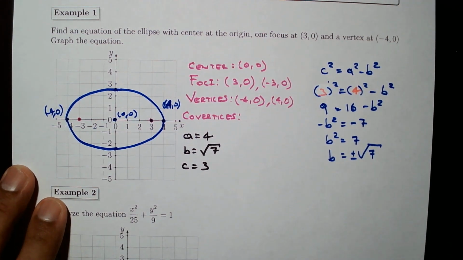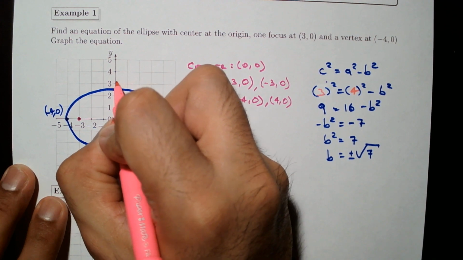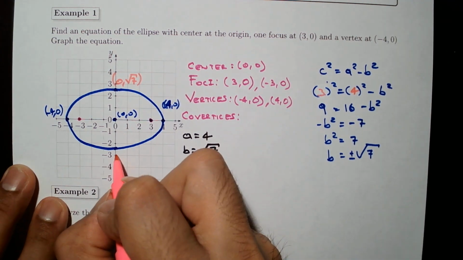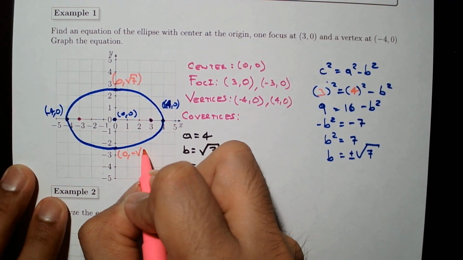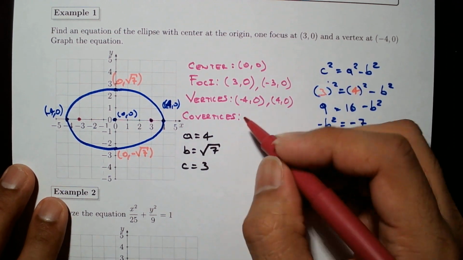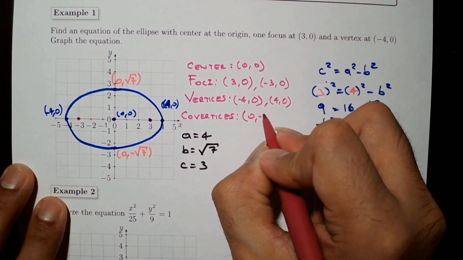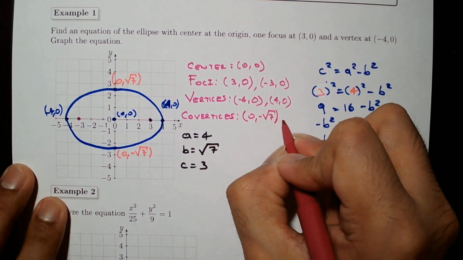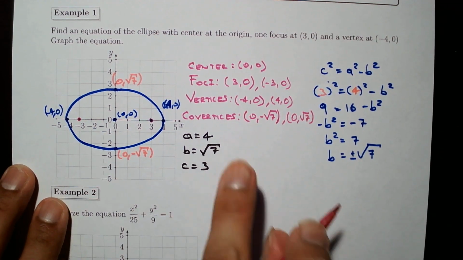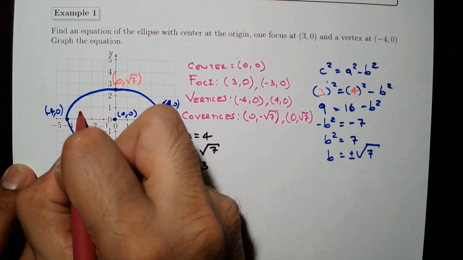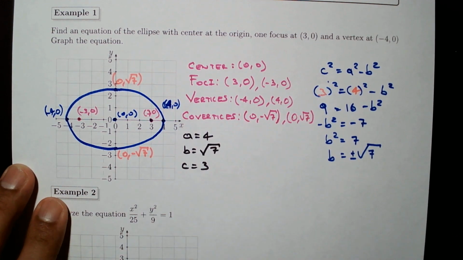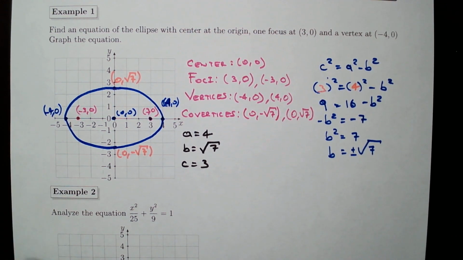The co-vertices are going to be 0 square root of 7, 0 negative square root of 7, which are worth writing. 0 negative root of 7 and 0 root of 7. And foci, well, we already have them here. This is negative 3 comma 0 and 3 comma 0. This is all about this ellipse.